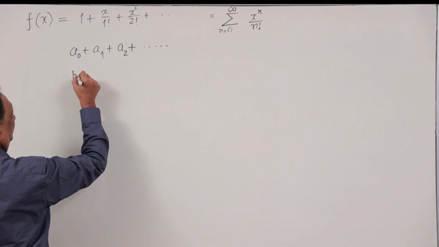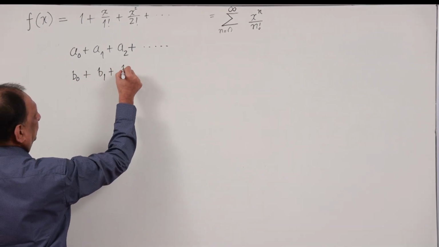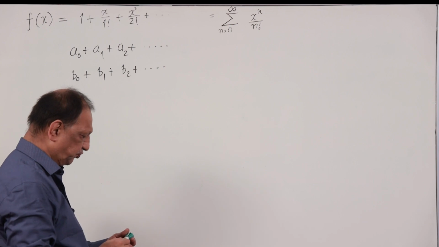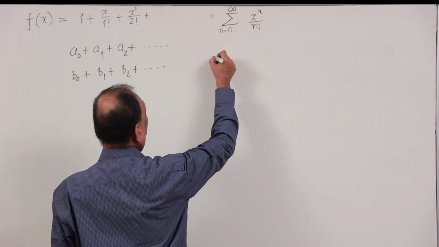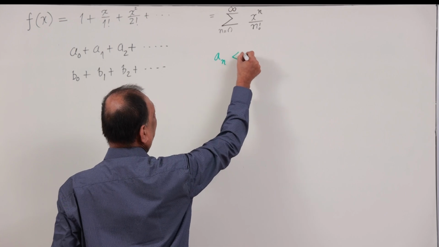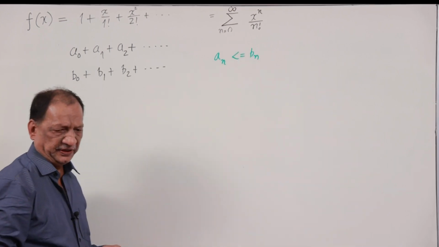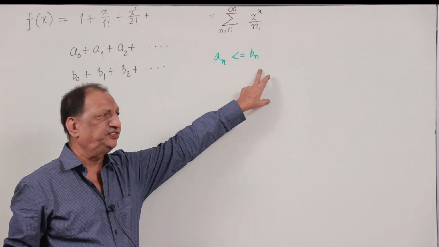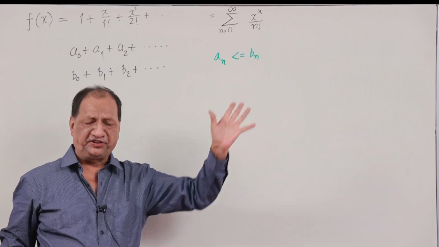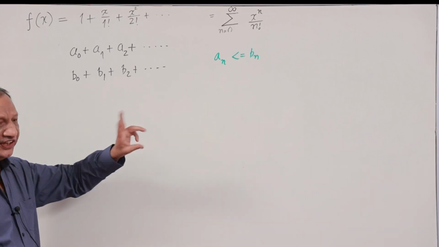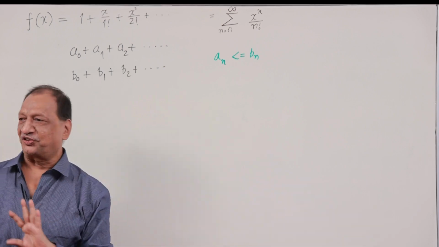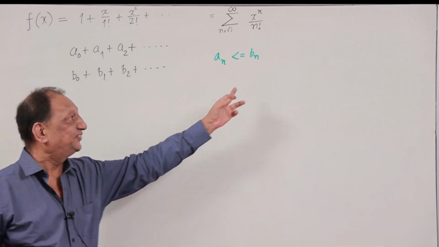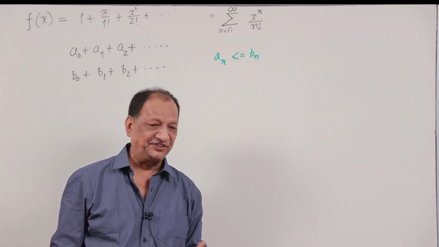I got another series which is B0 plus B1 plus B2 plus etc. Now we also can prove a condition that An is always less than or equal to Bn. Let's assume that is the case. That means every term of A series is either equal to the corresponding term of B series or less than the corresponding term of B series. Now, if you find the B series is convergent, obviously A series must be convergent. And if you find A series is divergent, B series must be divergent. Correct? No? That is the conclusion that we have drawn.